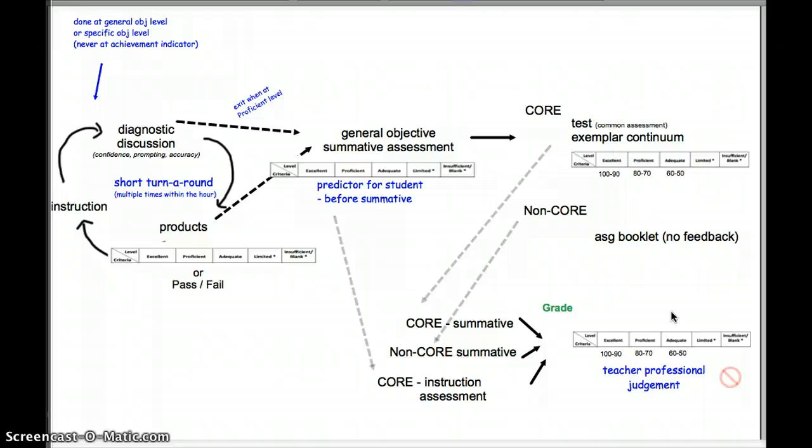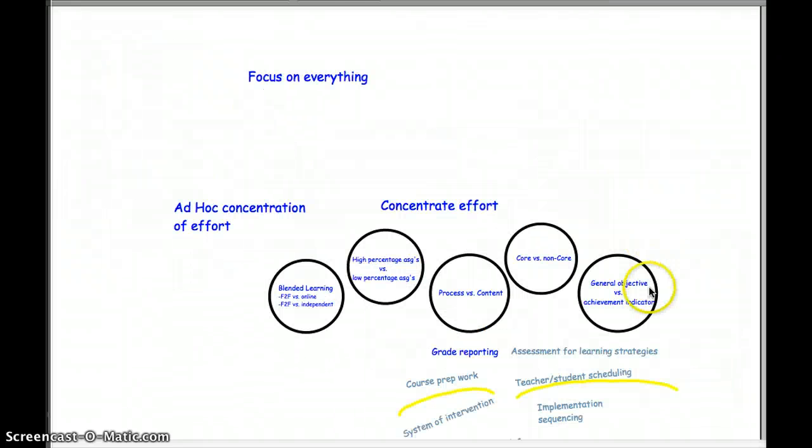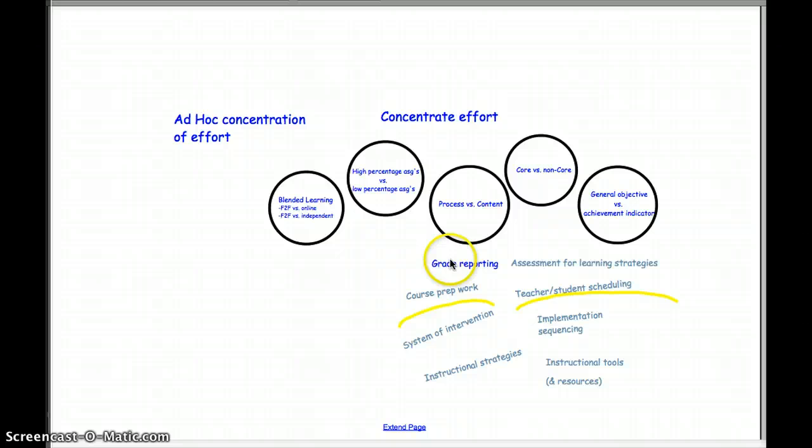And that would basically be the heart of our grading strategy, and also provides a strong basis for our assessment strategy. Following this, there would be a whole bunch of other pieces that we would need to develop. That would be grade reporting, and we'll still be working on scheduling, course prep work, systems of interventions, the particular instructional strategies, what stuff is suited for blended, how we do this, and what tools and resources are needed.